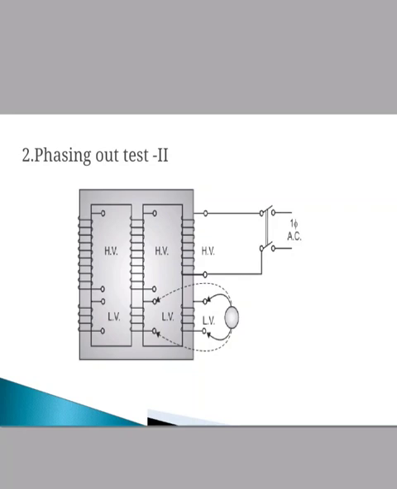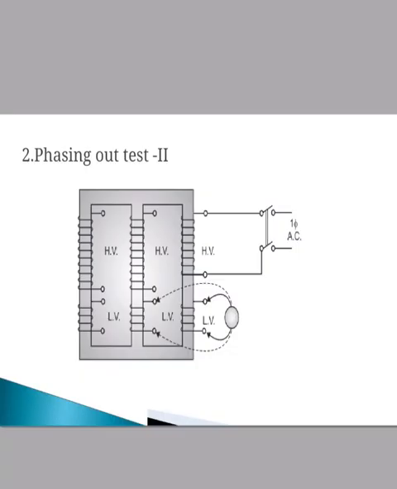In the previous test we required a DC voltage, but in this test we use an AC voltage applied to one of the HV or LV windings. Here we apply the AC voltage to the HV winding as shown in the figure.